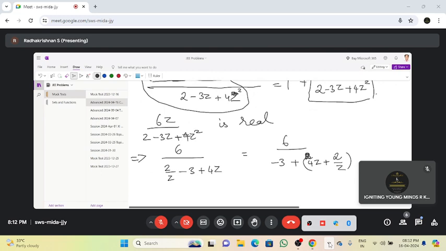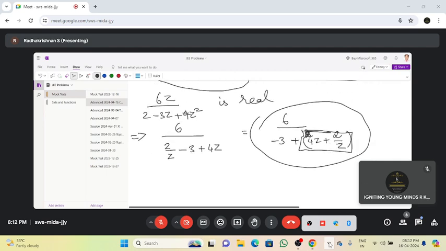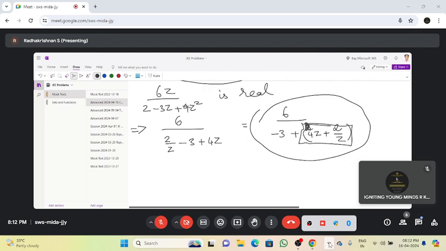With the same logic, if the whole thing has to be real, then this has to be real. If this has a complex component, then the whole number will have a complex component. The whole number has to be real, which means this has to be real; it cannot have a complex component.